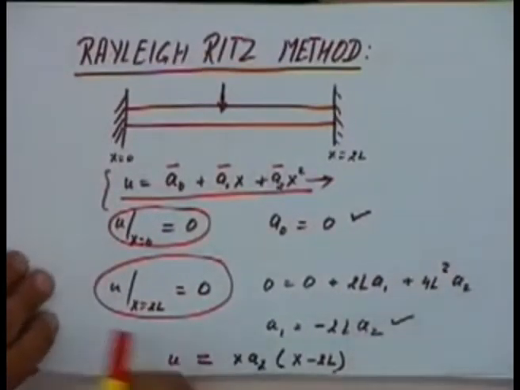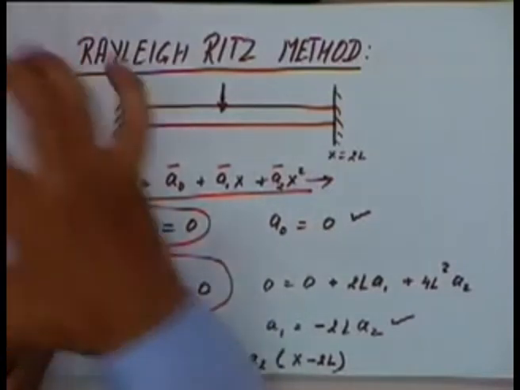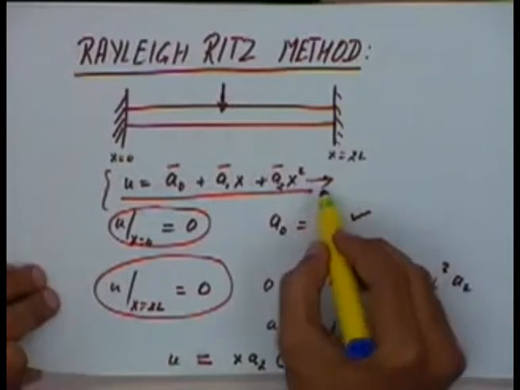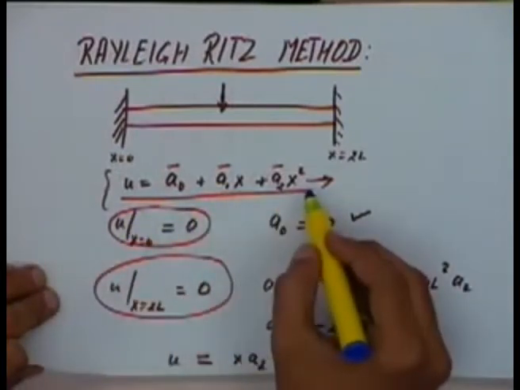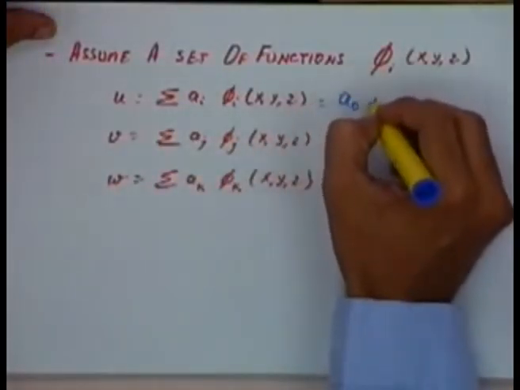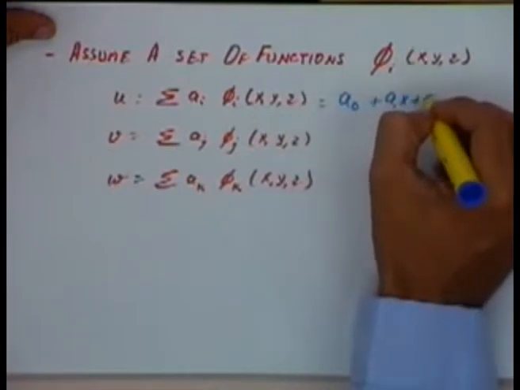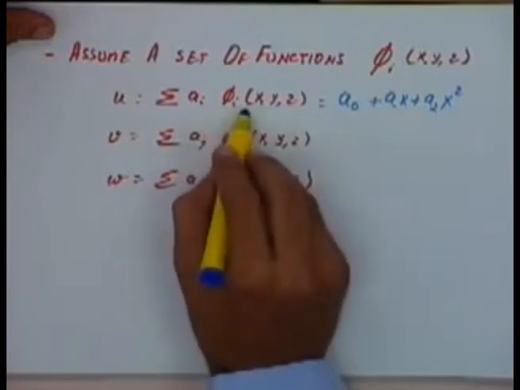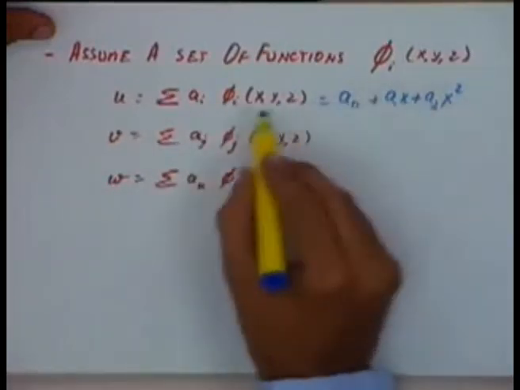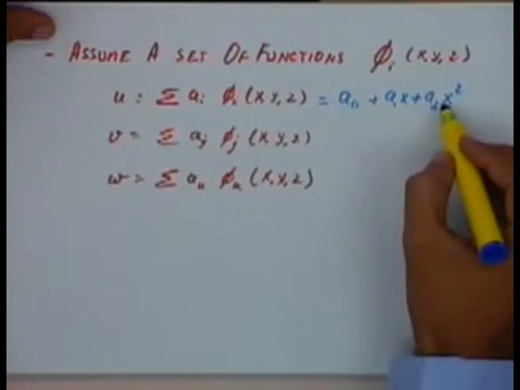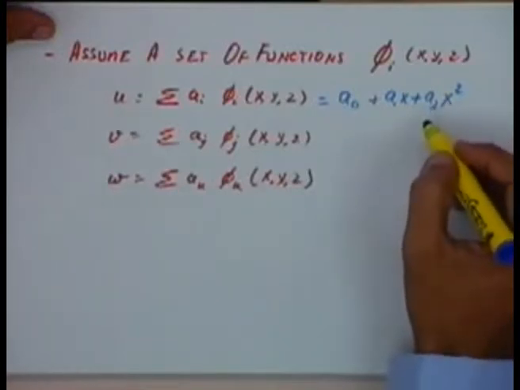For instance, in this case I have assumed that u is given by this expression. In this expression we have a0 plus a1x plus a2x squared, which is the same as this. So my phi 1 is 1, phi 2 is x and phi 3 is x squared.